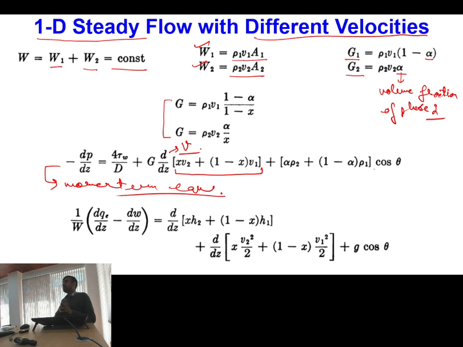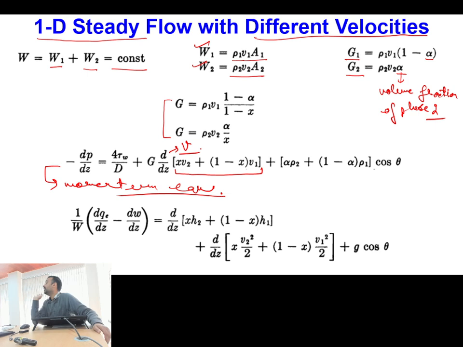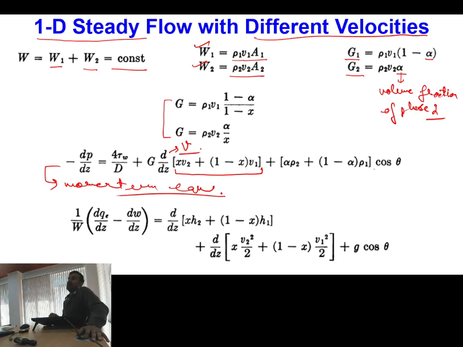In the homogeneous approach, I was simply writing dv by dz in the convective term, because both phases had the same velocity. But in the separated flow model, using the first approach, as I told you, we are only relaxing the velocity condition, so v1 and v2 I have written individually. That is the sole difference in the momentum equation; the rest is the same.